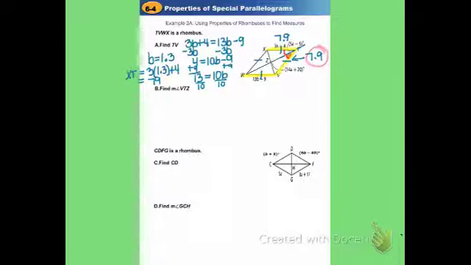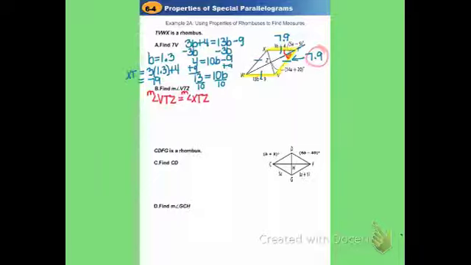Well, the one on the other side has a label of 5a minus 5. So I could find that angle, which is XTZ, and it would be the same. So I could say, I know that angle VTZ is equal to angle XTZ. So I'm going to find the measure of this XTZ. Well, that means I need to know what a is.